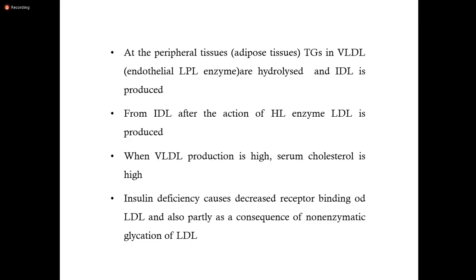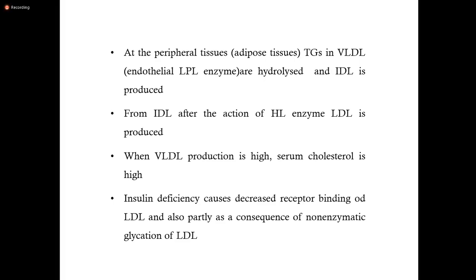hypertriglyceridemia as well. I am just telling you something additional, but for the question, we have just asked how hypercholesterolemia could occur in this patient. So other than this increase of VLDL production, which ultimately contributes to increasing the blood cholesterol level, there is also some other explanation.